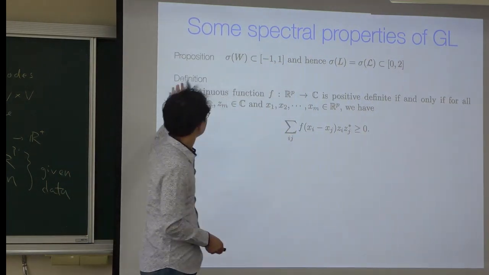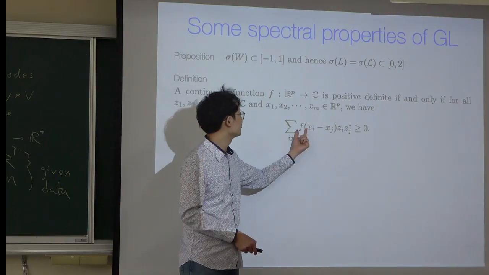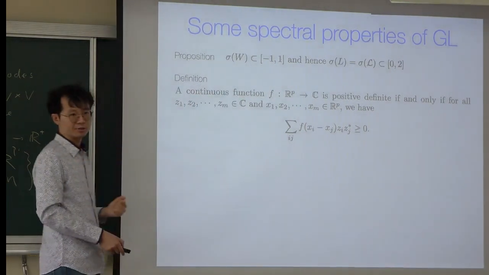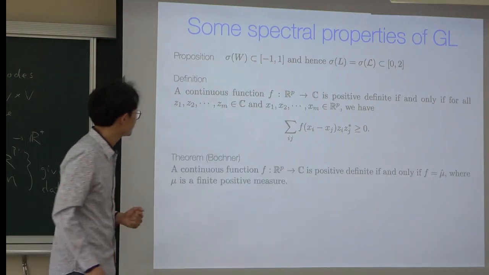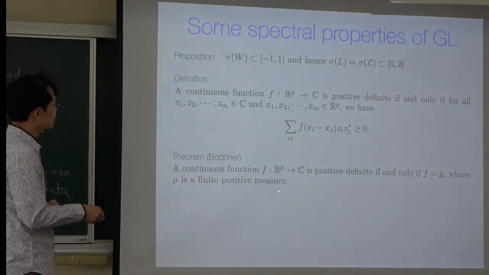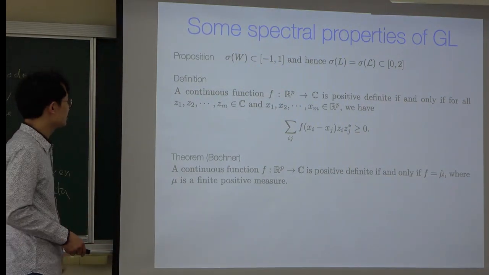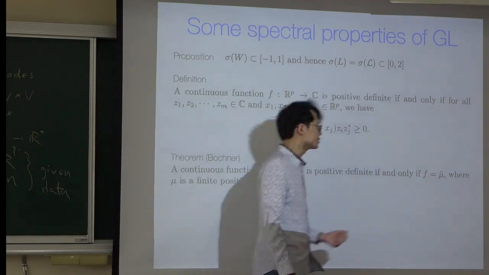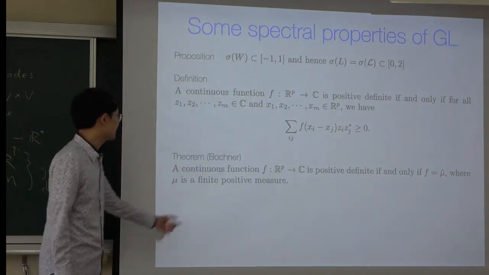Then this is called a positive definite function. So you can view f as a symmetric matrix or Hermitian matrix. And it turns out if you have this kind of continuous function f, it is positive definite if and only if the function f is a Fourier transform of a finite positive measure.